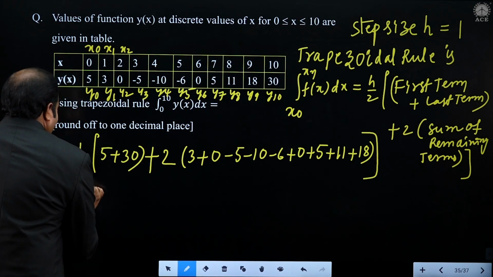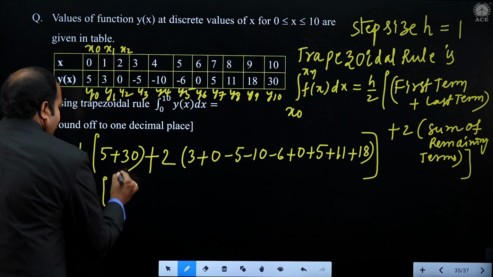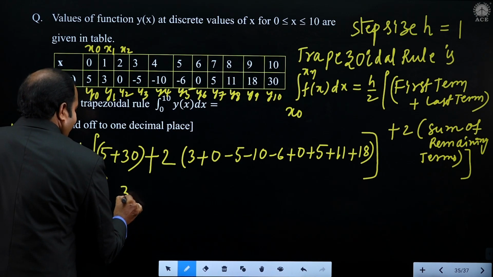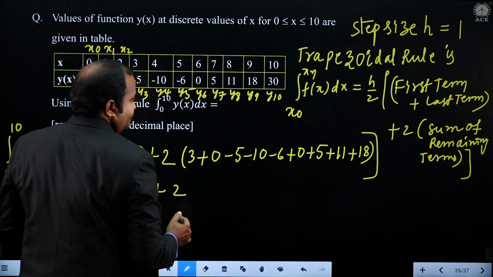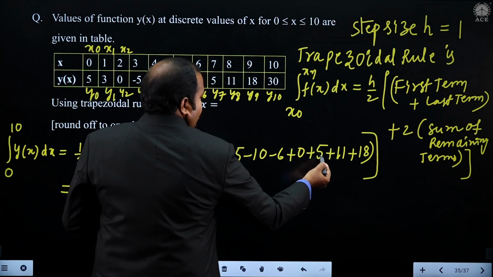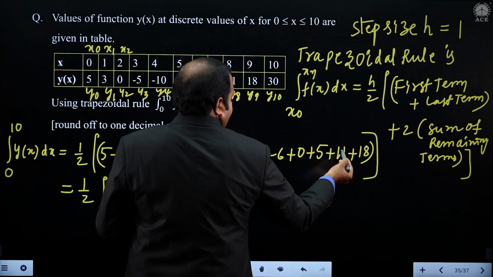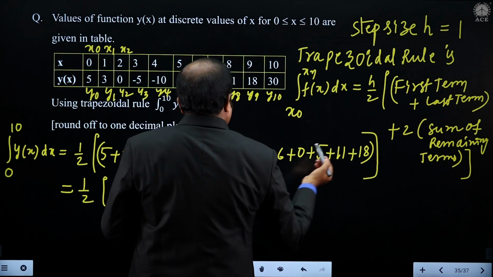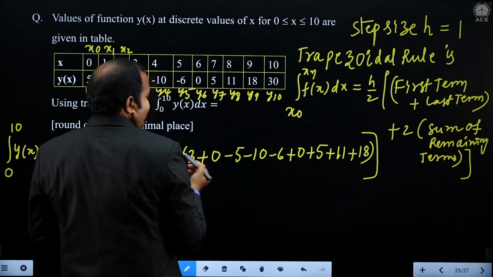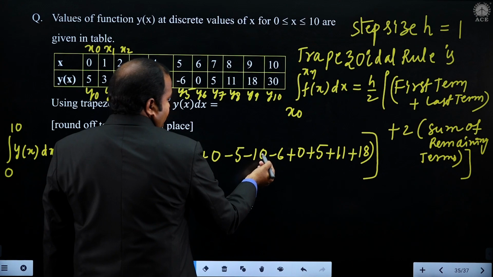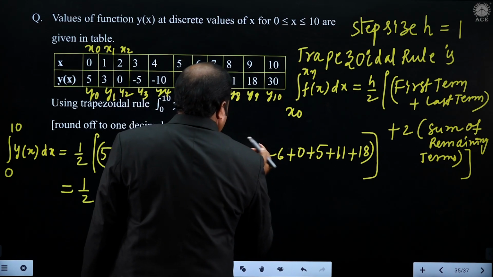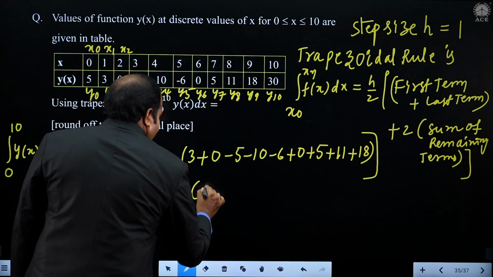So this is equivalent to 1 by 2, and this is 35, plus 2 times the sum: 16, 34, 37, 37 minus 21, that is 16.